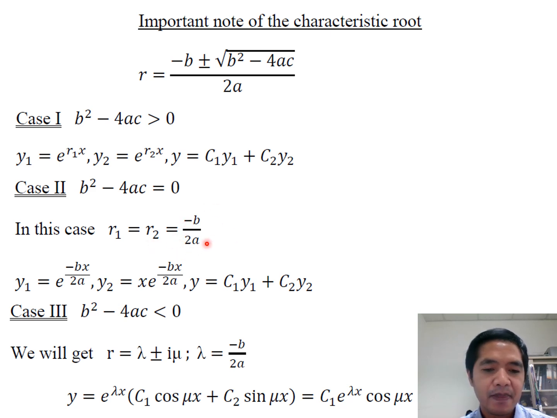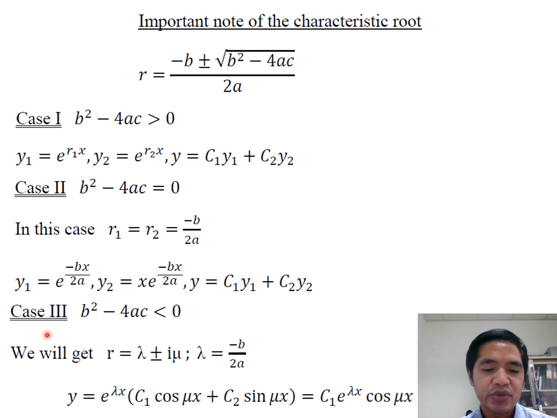So the solution is gonna be y1 equal to e to the minus bx over 2a, and y2 equal to x times e to the minus bx over 2a. Don't forget the x. That's the difference here. The final solution is going to be c1 y1 plus c2 y2.